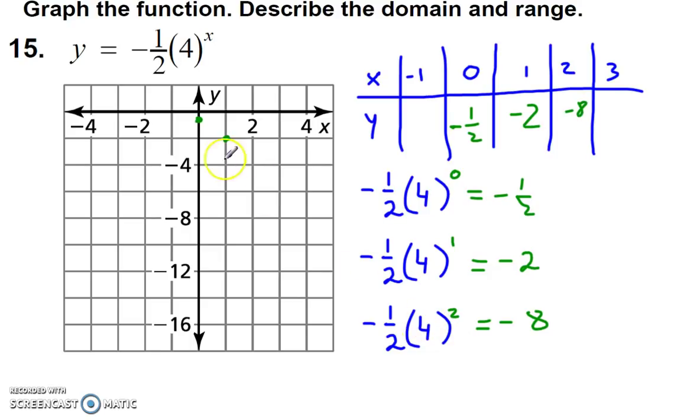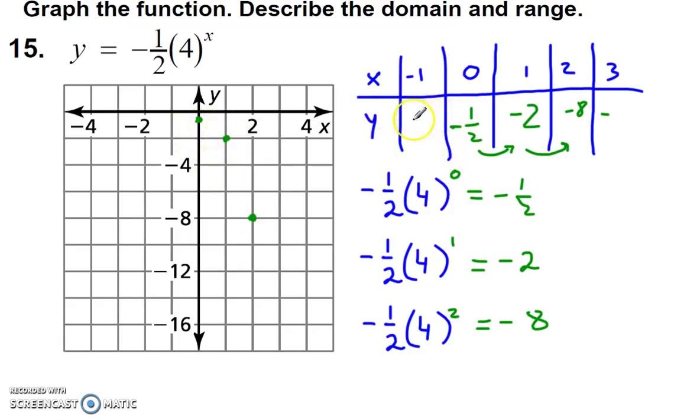Now I can keep going this way, but I know what's happening from here to here, right? Notice it's always times 4, because that's the ratio. So times 4, I can do negative 8 times 4. And negative, well, 32 is not on the graph anymore. All right, at 3, I'd be way down here.